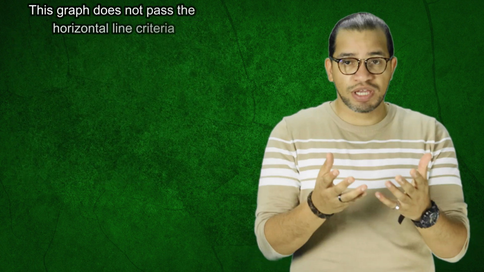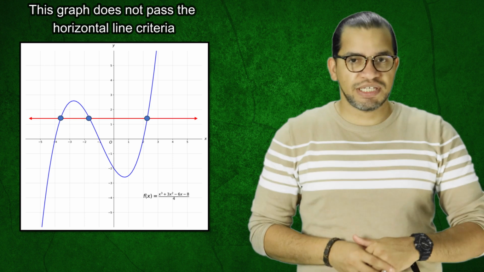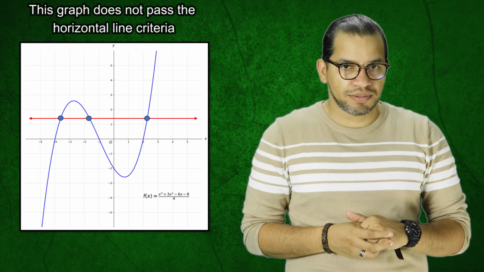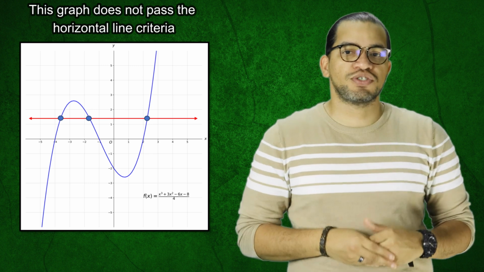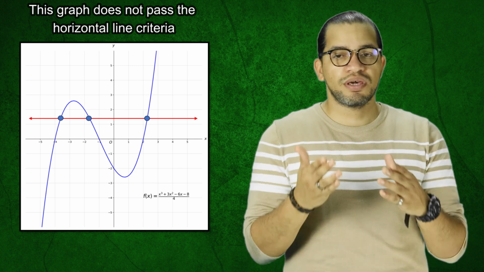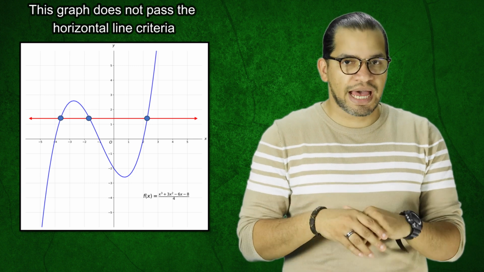For example, if we consider the graph of this function, we can draw a horizontal line which cuts the function in 3 points. Thus, this function does not have an inverse.